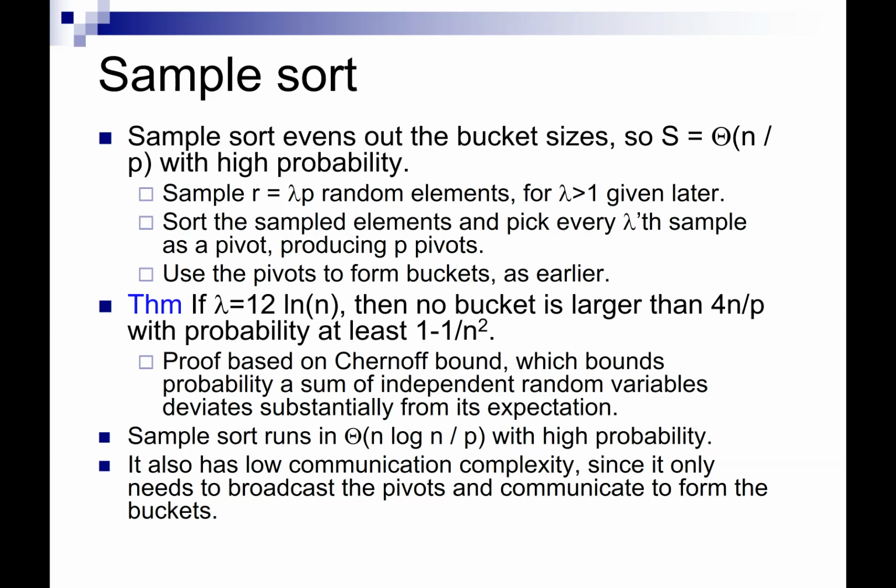You expect that the sum is going to be equal to the expectation; the expected sum is just equal to the sum of the expected values of the random variables. So the Chernoff bound lets you bound the probability that you do not get this expected value. It's going to be a low probability; it's unlikely that you deviate from your expectation. The Chernoff bound says there's an exponentially small probability that you deviate from your expectation, and using this, you can prove this theorem over here.